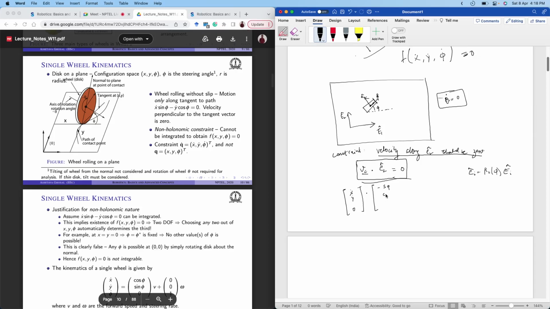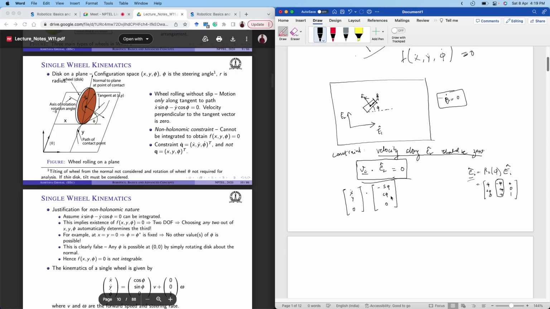Minus sine phi, cos phi, and 0 for E2, right? Because this R is C phi, minus S phi, S phi, C phi, 0, 0, 0, 1. Okay, so this is basically your E2, right?